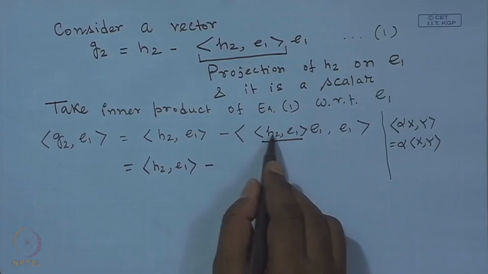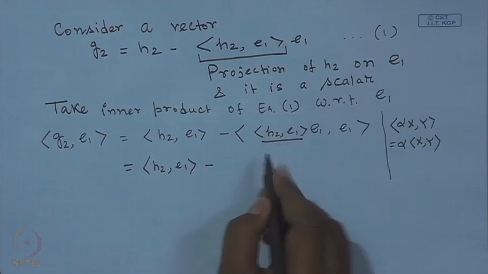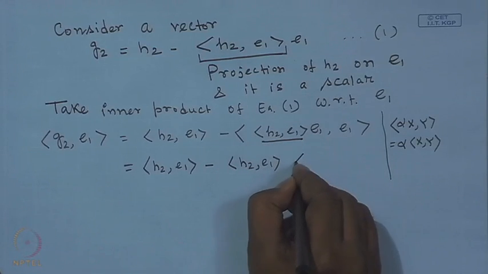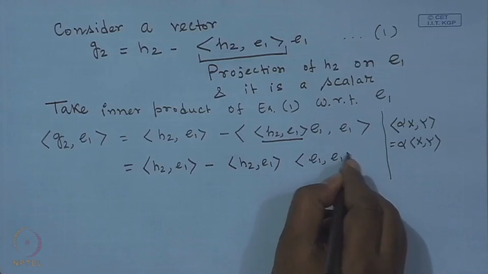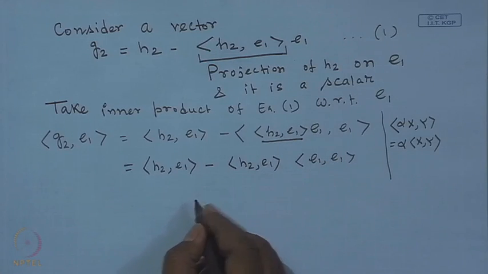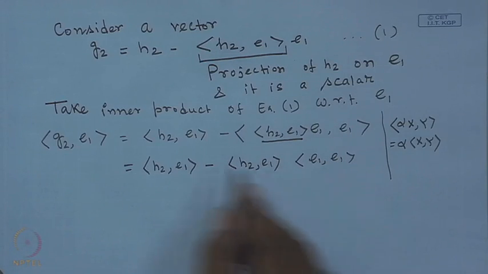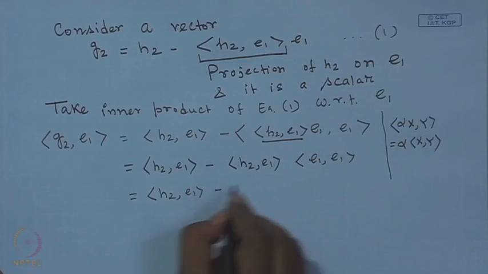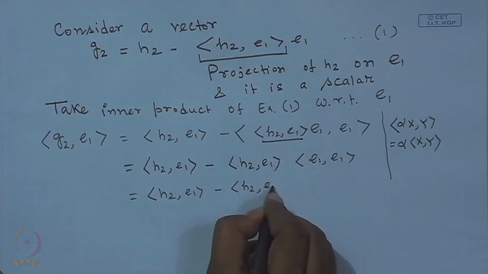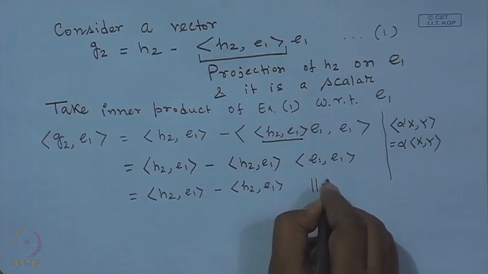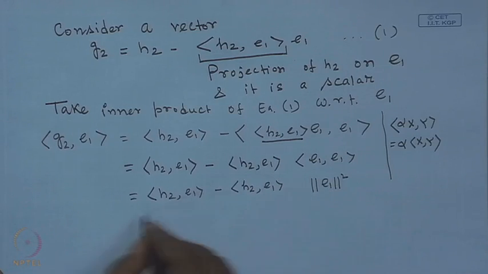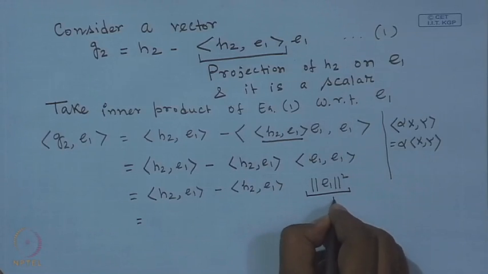So, we take this scalar multiplier, inner product of H2 and E1, out, and this becomes inner product of E1 and E1, which is nothing but the norm of E1, and we have already ensured that the norm of E1 is equal to 1. So, therefore, this value will be equal to 1.